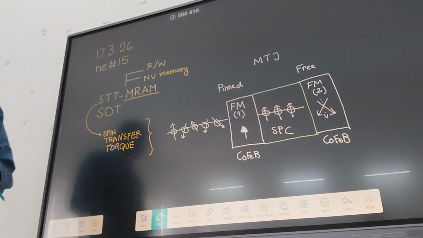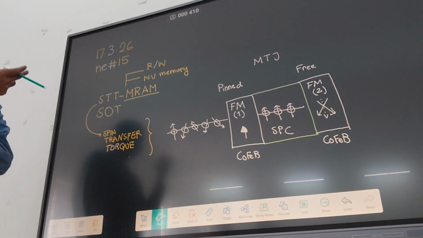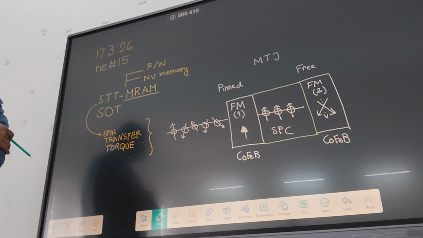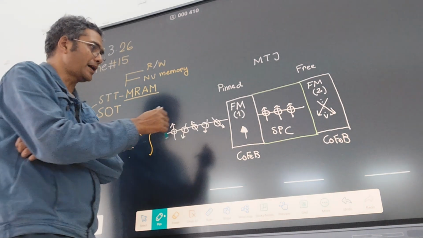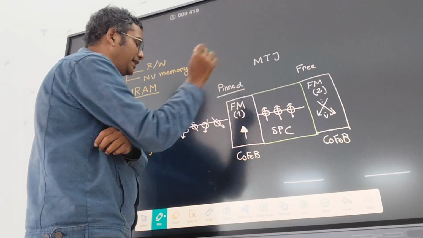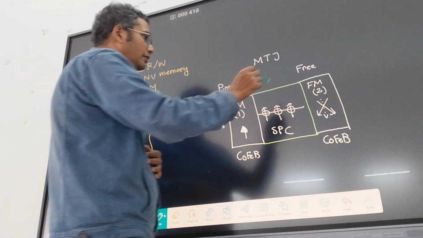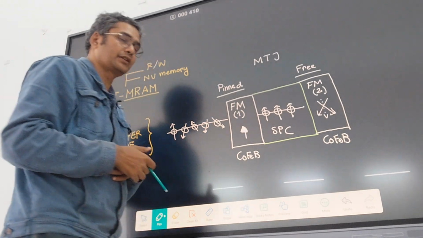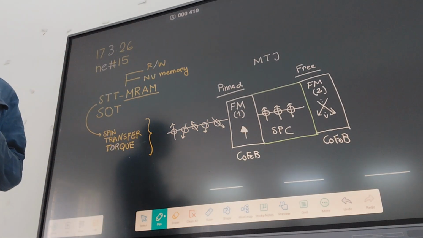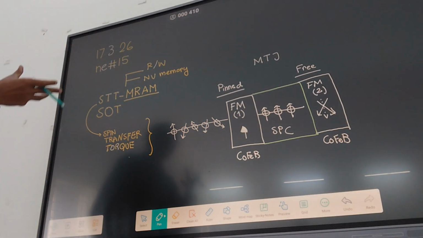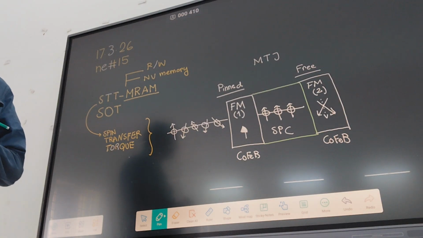So can you tell me how we are using the same material and creating a ferromagnet which has a pinned or fixed direction of magnetization, or one which has a free direction of magnetization? Which factor determines whether it will be free or pinned?